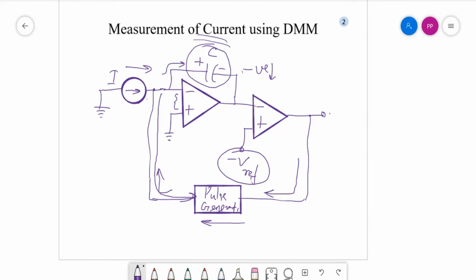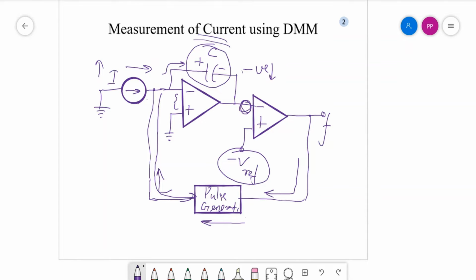So at the output, a frequency will be generated, because if a higher magnitude of current is applied, the capacitor will reach the charging voltage at this point in less time.